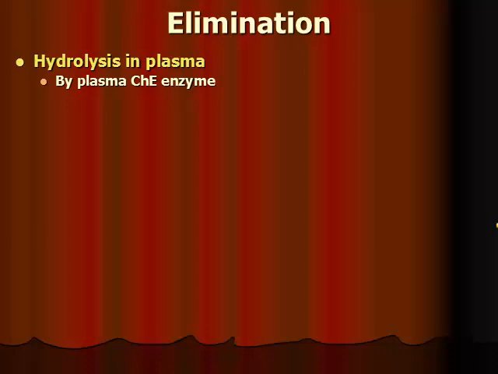The most famous enzyme involved in the metabolism is the pseudocholinesterase enzyme. The second is the non-enzymatic hydrolysis, which is also called Hofmann reaction. This is a little bit slower than the enzymatic hydrolysis. However, it is beneficial in presence of liver or renal diseases.